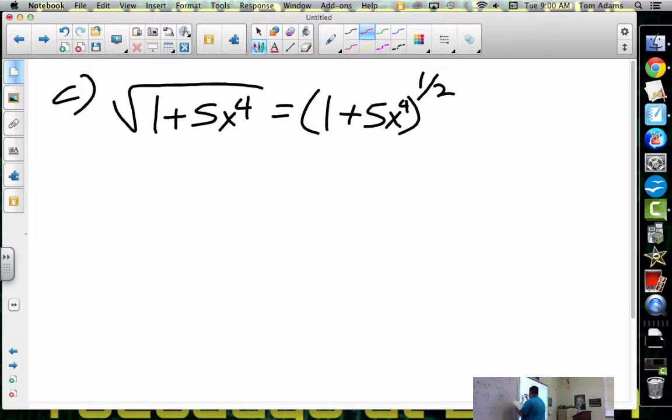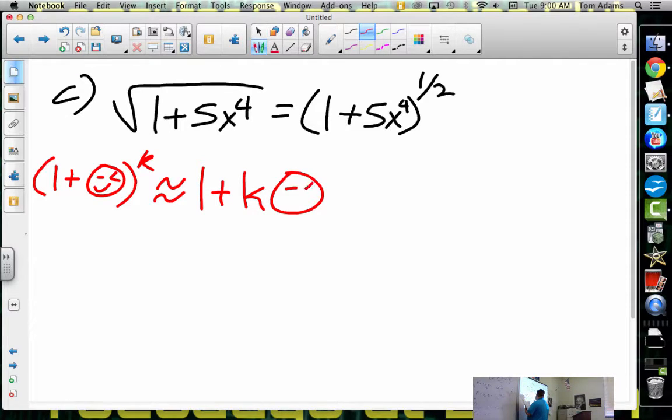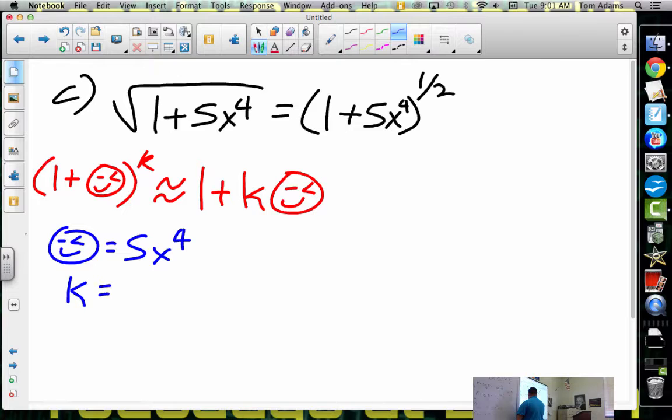Let's remember that whatever 1 plus winky face raised to the k can be approximated through a linearization method, and that approximation is 1 plus k times winky face. The reason I'm using winky face is I don't want you to get confused with the x and the x and all that stuff. So let's label this. In this particular case, my winky face is equal to 5x to the 4th, and my k value is equal to 1/2.